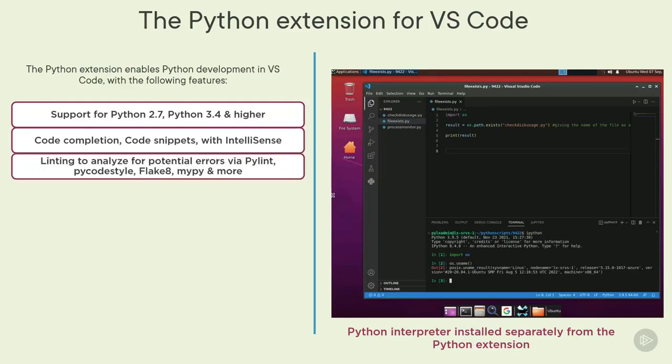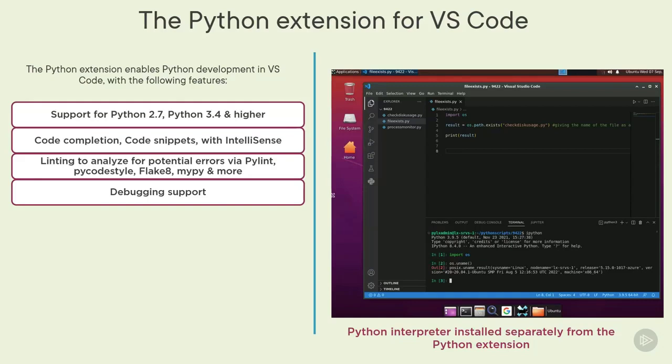It also has linting to analyze for potential errors. It supports multiple Python modules to help with this, right? So Pylint is listed there, Flake8, and a few more. So you can choose what you want to use to support your linting. It has debugging support, and VS Code has debugging in it.